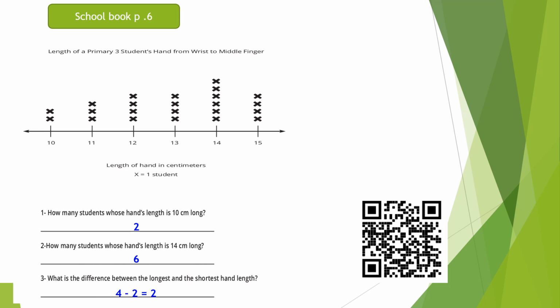Length of hand in centimeters. On 10 we found 2 x's, and on 11 we found 3 x's. It means each x equals one student. So we find that 2 students, their hand length equals 10. 3 students, their hand length equals 11.